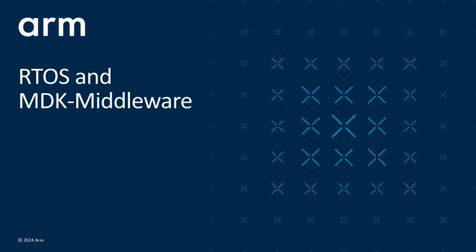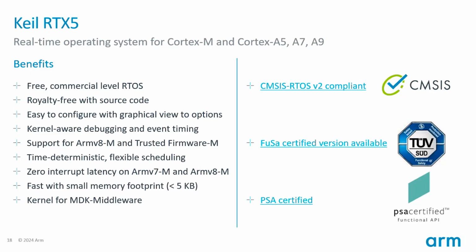And let me continue with the RTOS and the MDK middleware. I hope you all know Keil RTX5, which is the real-time operating system created by Arm. It's free, it's commercial level, so we have tens of thousands of users. It's royalty free, you get the source code, so you can even change it if you like.